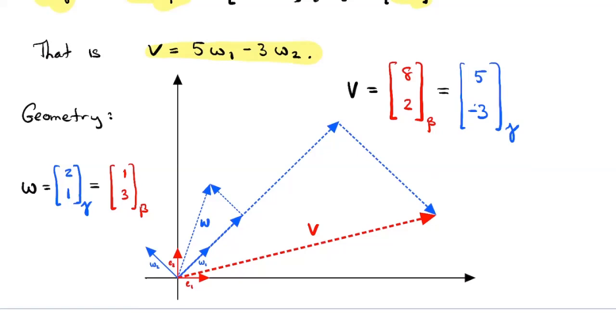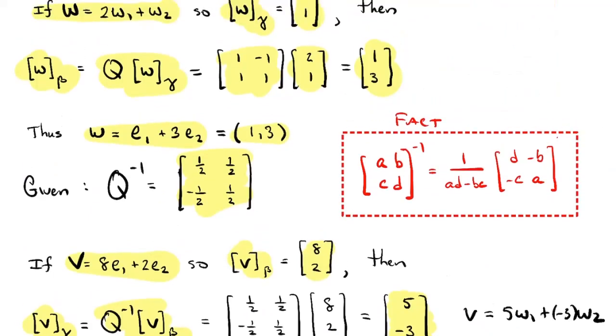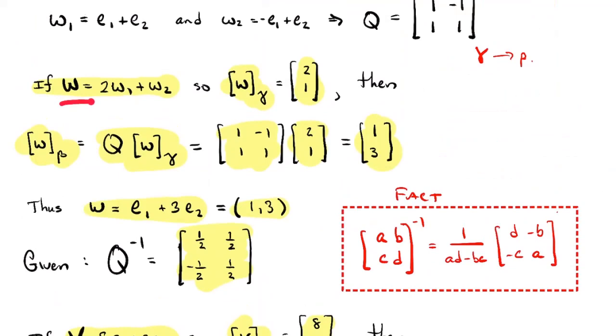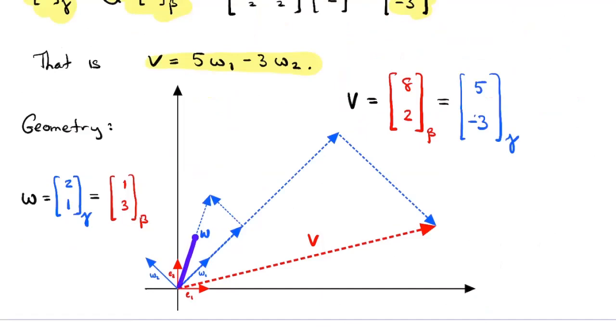Remember when W was given in the W basis, where is it? W was 2W1 plus W2. So I'm trying to indicate that in the picture down here. This is the vector W that I'm looking at, in case you're not seeing it in my picture. There it is.